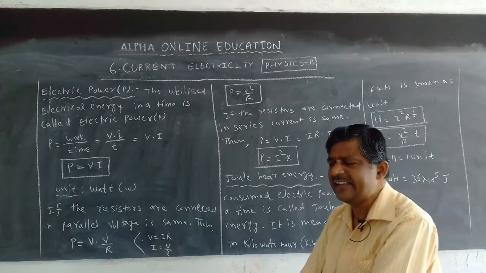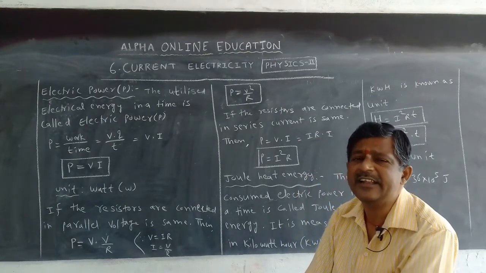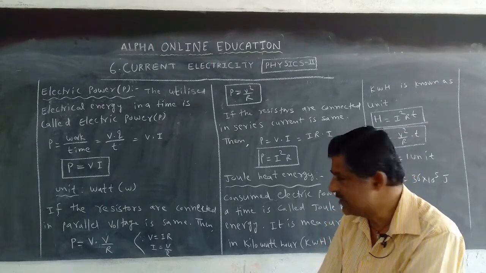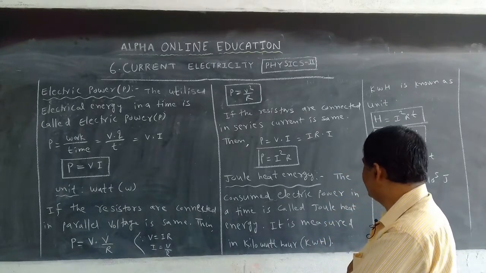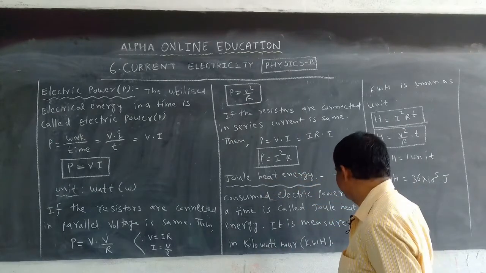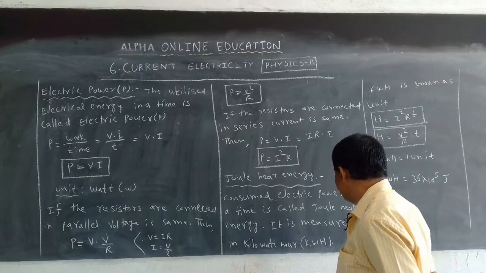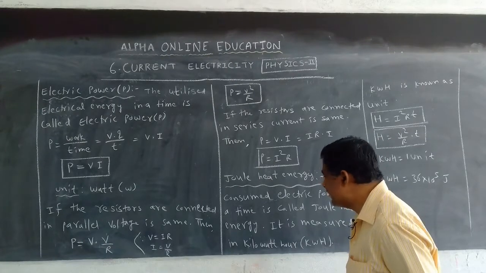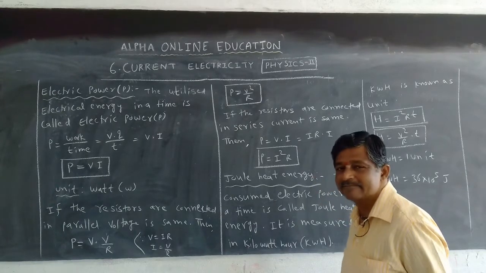Joule heat energy means heat energy is ejected from the flow of current. Now, what is the Joule heat energy? The consumed electrical power in a time is called Joule heat energy.